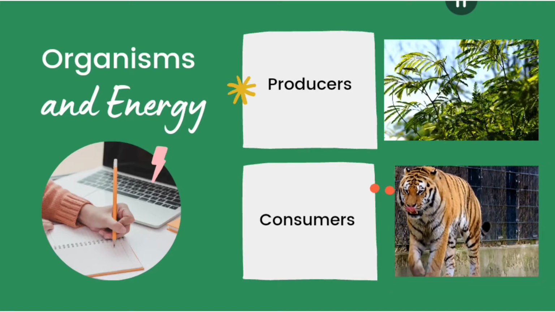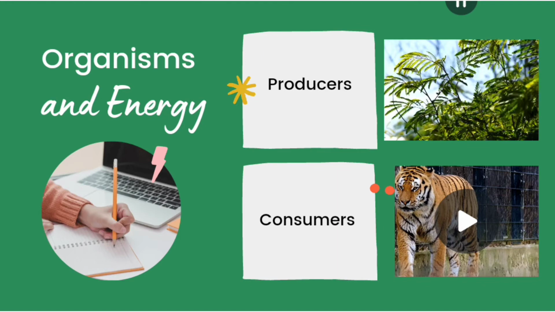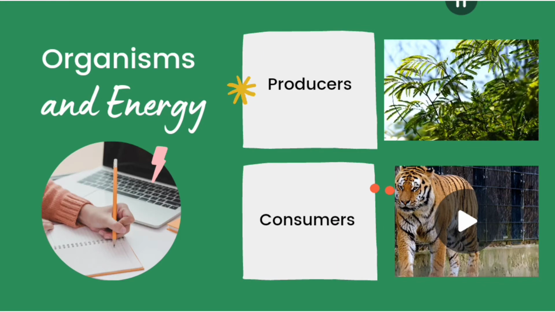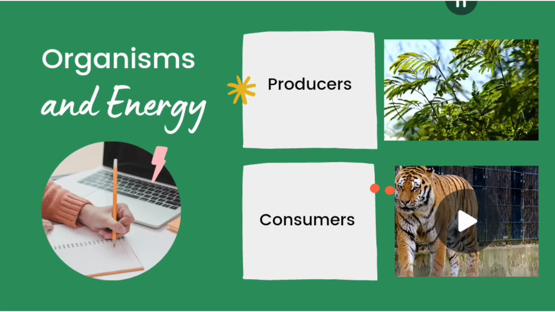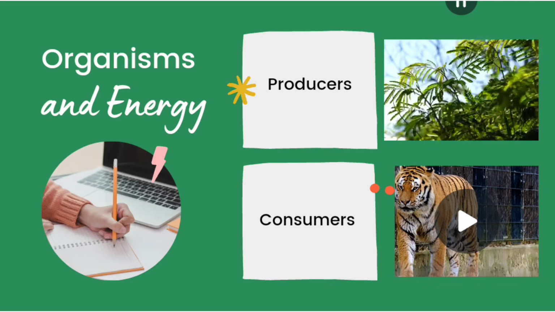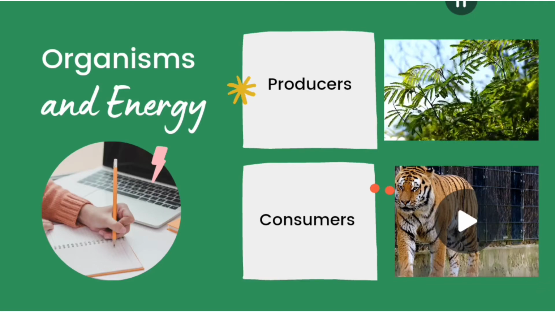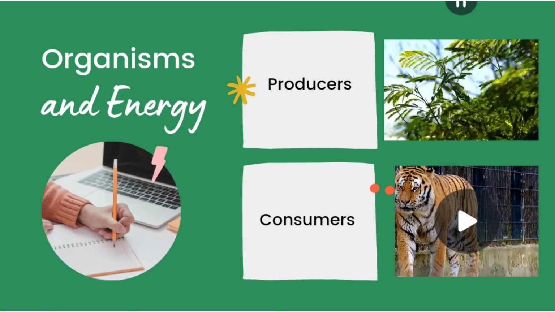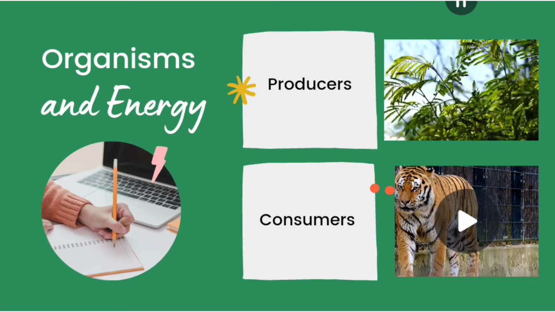A few organisms are able to capture energy from chemicals in the environment and make food. Other organisms cannot capture energy from sunlight or chemicals, so they must obtain their energy by eating food. Organisms that cannot make their own food using the sun must depend on organisms that can.